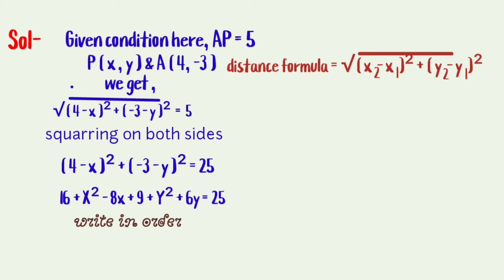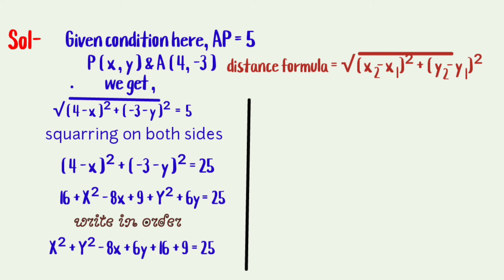Arranging in order, we get x square plus y square minus 8x plus 6y plus 16 plus 9 is equal to 25. The 25 on the right side is taken to the left side, so 25 minus 25 is equal to 0.